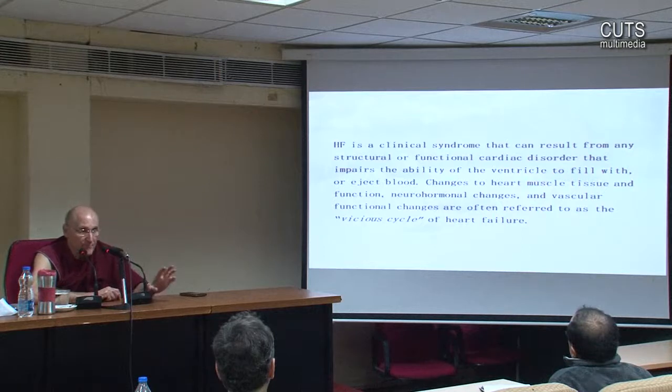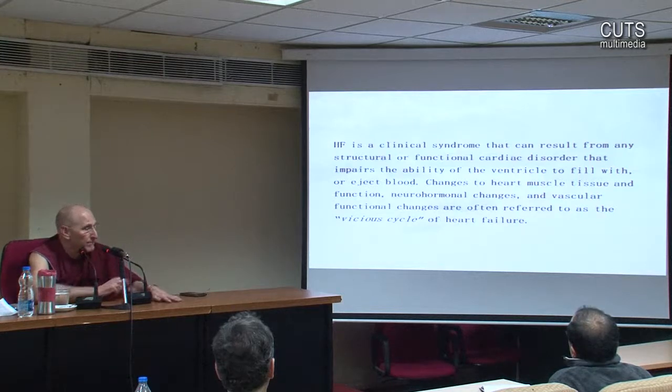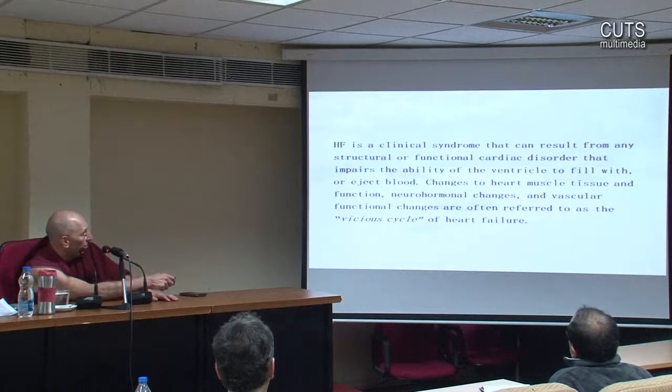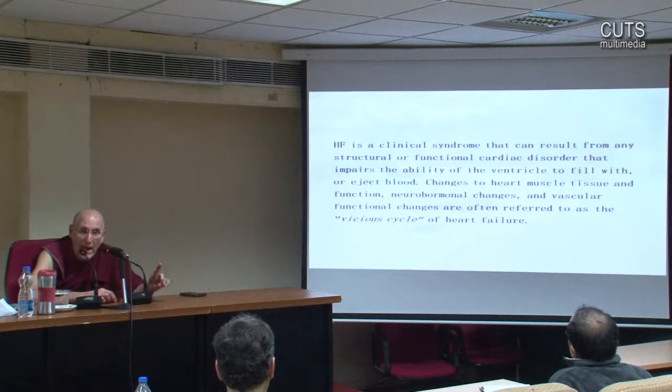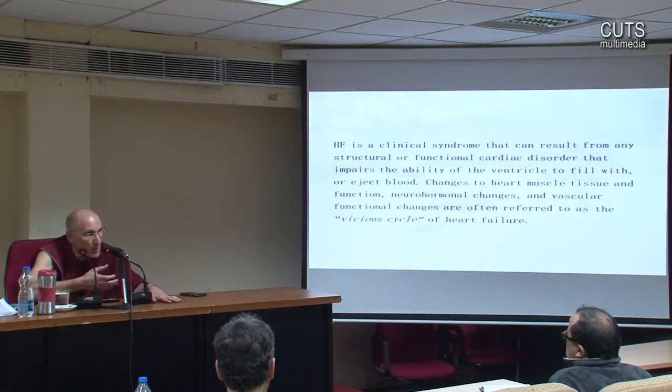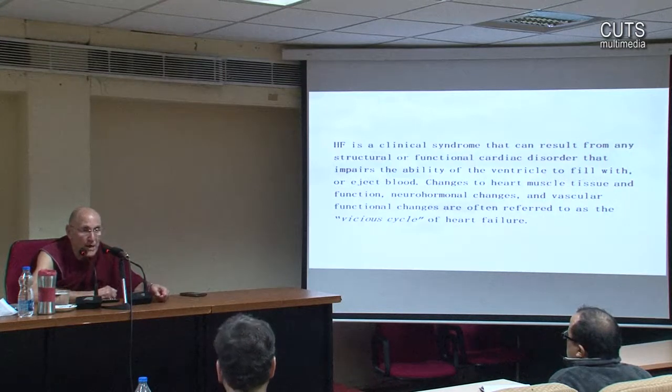That's the basic problem with heart failure. Most of the time, the problem is not being able to eject the blood. Why can't the ventricle or the heart eject or pump the blood? What's the problem here?